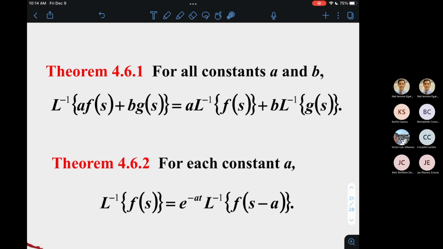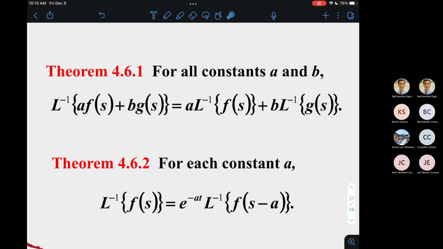If you want to get the inverse Laplace transform of a linear combination of two functions f and g, then the answer is just a linear combination of the inverse Laplace transforms, right? So inverse Laplace transform, pwede mong i-distribute over the sum. Tapos yung mga scalars, lumalabas sila ng inverse Laplace transform. Alright? So may linearity property pa rin yung inverse Laplace transform.